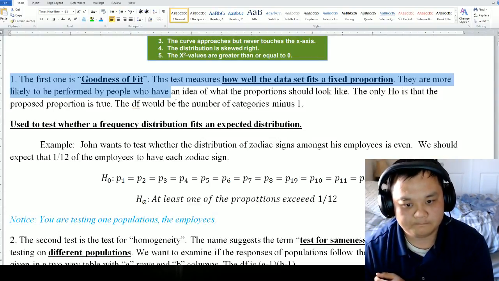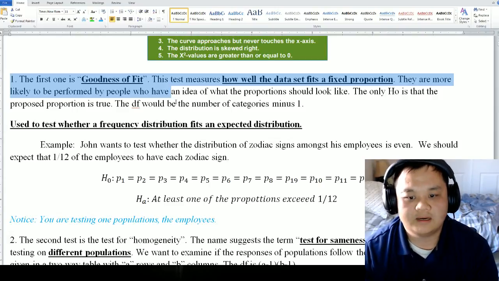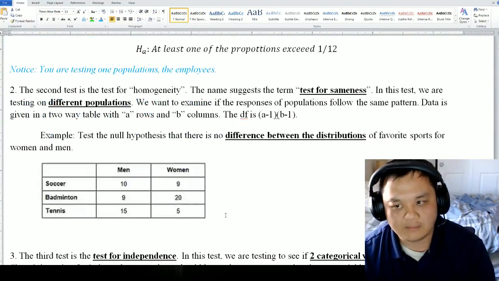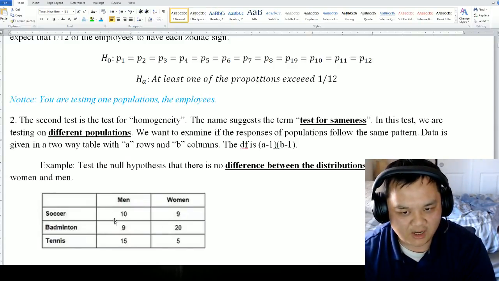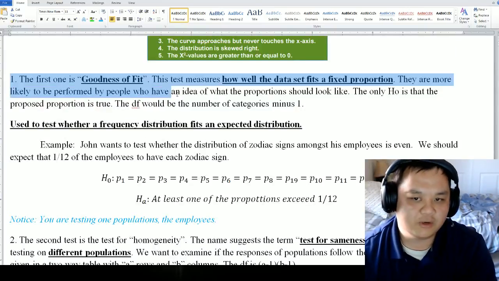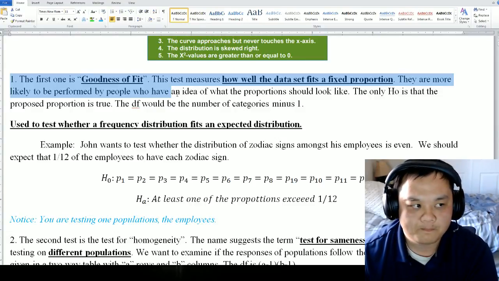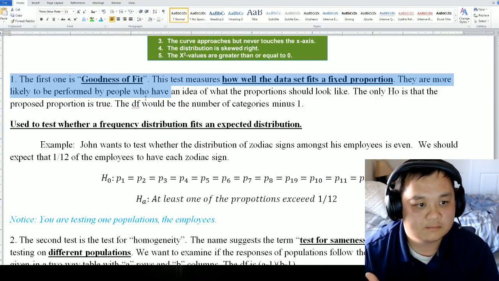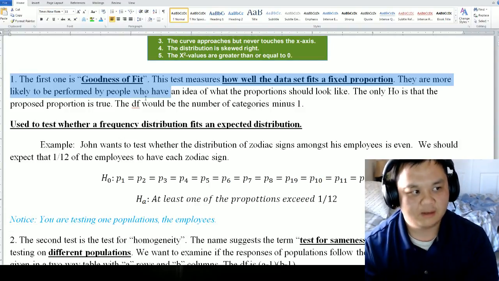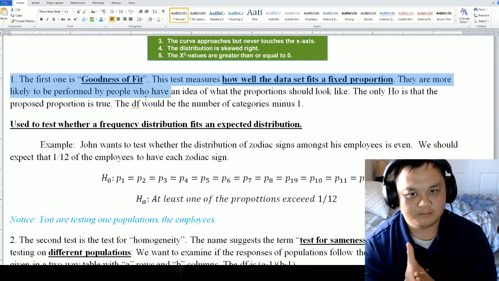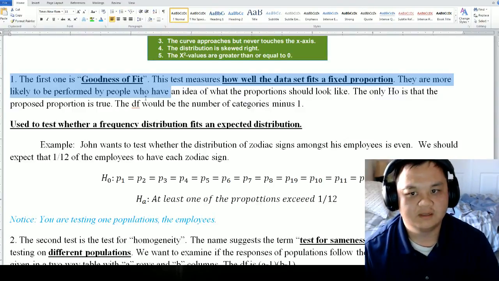So we're gonna see some problems on the FRQ where you're gonna see the two columns, but it's still gonna be goodness of fit. Okay, good.